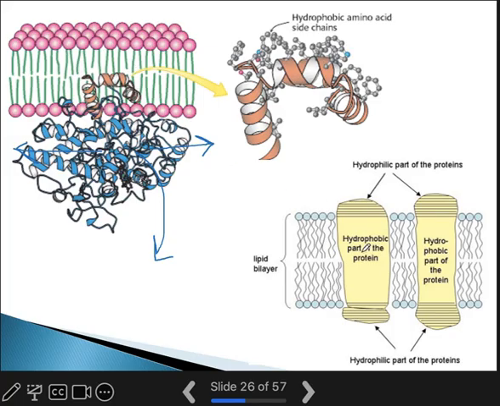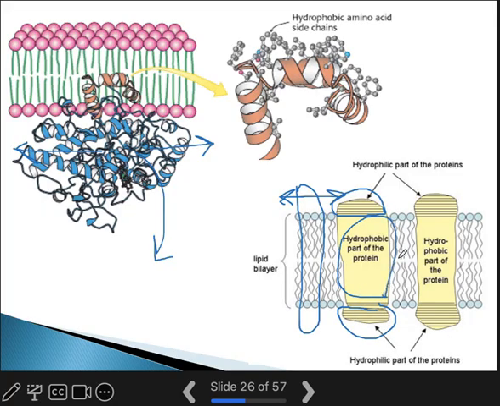Here's another example. You can look at this protein. If we wanted a protein to be stuck in the membrane like this and move only back and forth but not rotate, we can solidify its position by making sure that the protein has hydrophilic portions facing the exterior of the membrane and hydrophobic portions in the center.